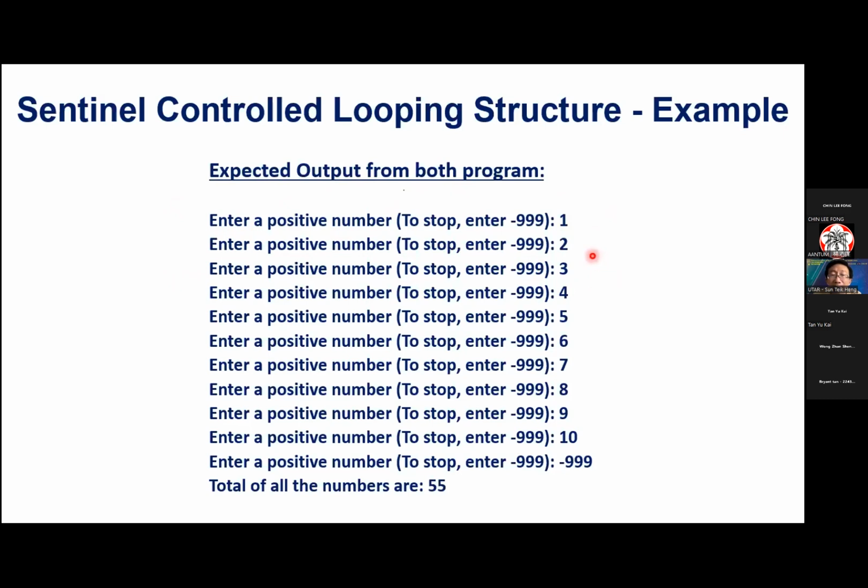You can see this process will keep on going until eventually the user enters minus 999 and the loop will terminate. When the loop terminates, it will give you the sum of all these numbers, which is 55.